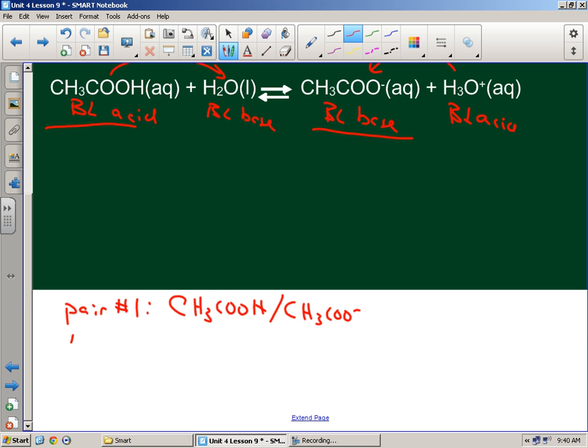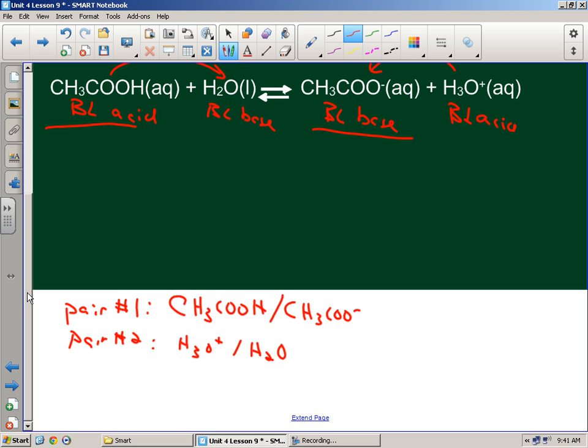Pair number 2, of course, once again, and usually we write them as acid, base. So acid, base, H3O plus and H2O is the second pair. Differs by an H plus. Okay?